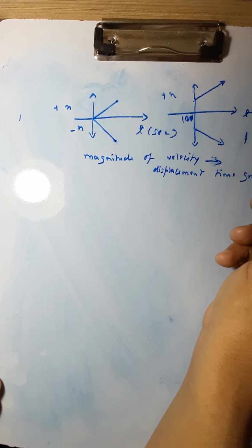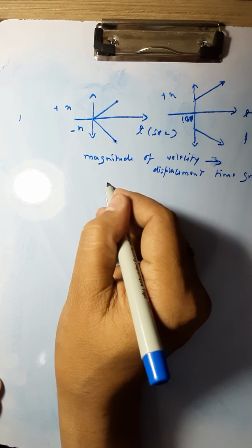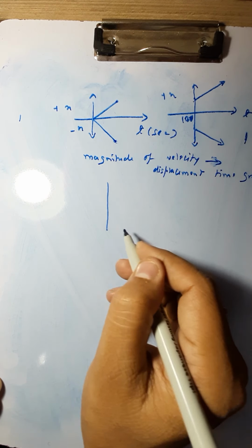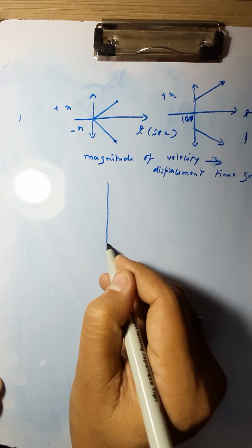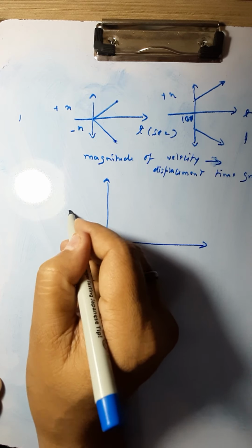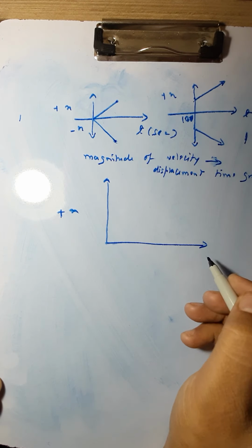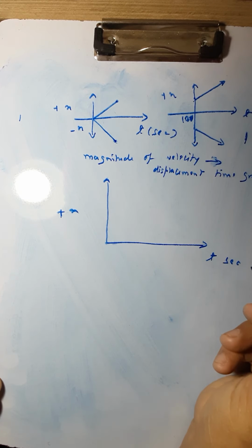Okay, so suppose this is the x-axis, positive x-axis, and this is time t in seconds.